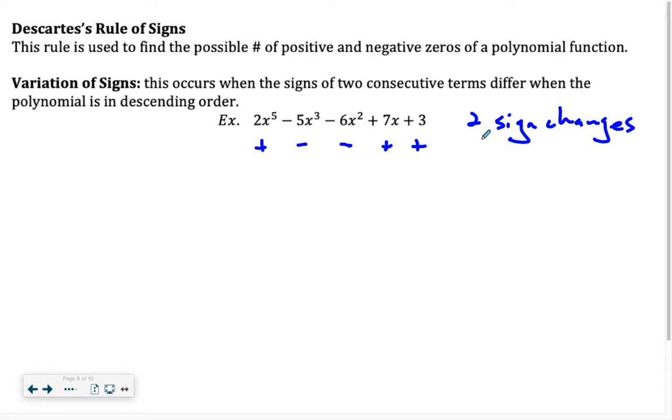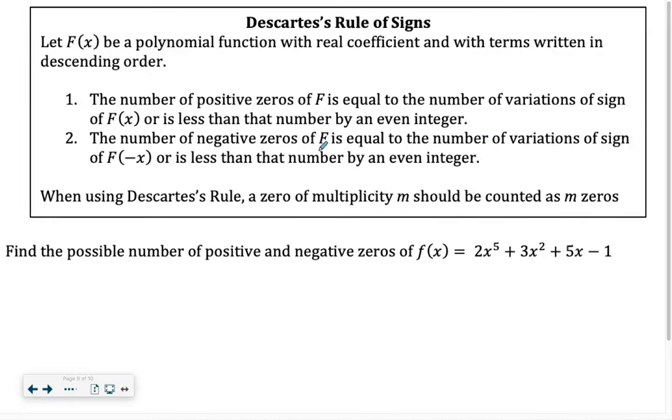Okay, we would subtract an even amount from that. Then the number of negative zeros is equal to the number of variations of sign of f of negative x. So if I were to plug negative x into the function, right, or is less than that by an even integer. So let's do this example here.